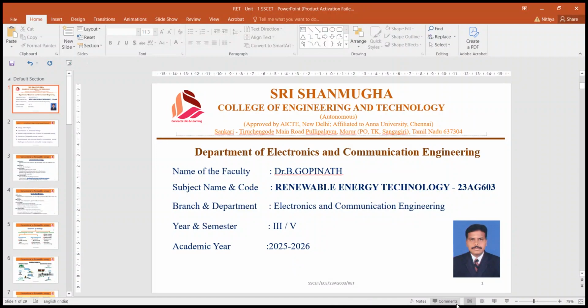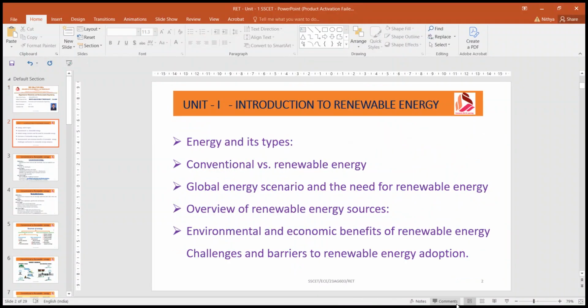In these cases, Unit One in renewable energies consists of energy and its types, conventional versus non-renewable energies, global energy scenarios and the need for renewable energies, an overview of renewable energy sources, environmental and economic benefits of renewable energy sources, and challenges and barriers to renewable energy adaptation, which are to be discussed.